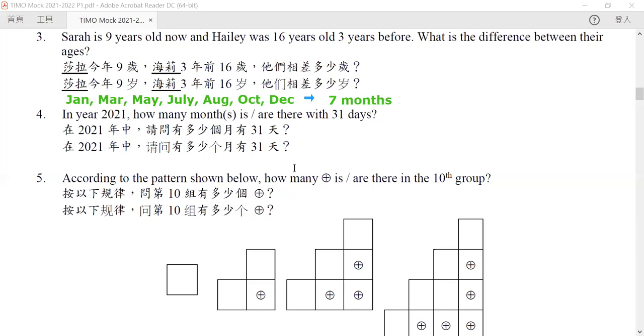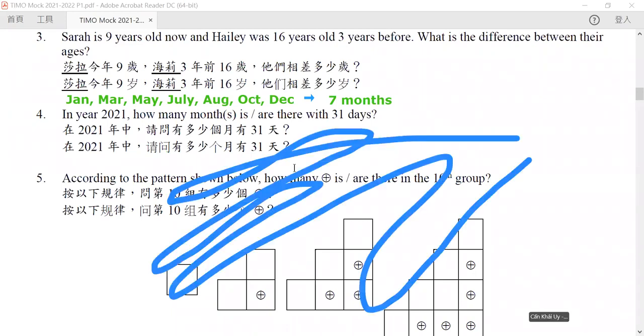At that time, you need to know how many days are in each month. So question number 4 is asking you this common knowledge. There are 7 months of 31 days.